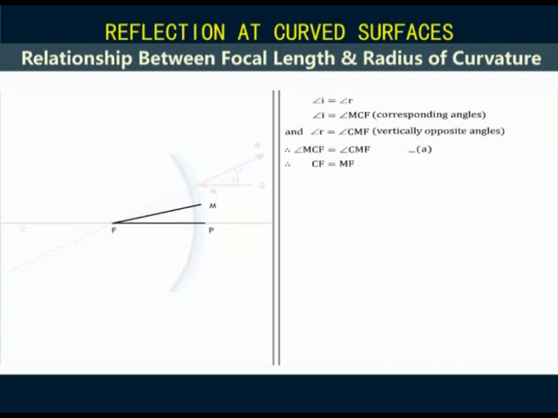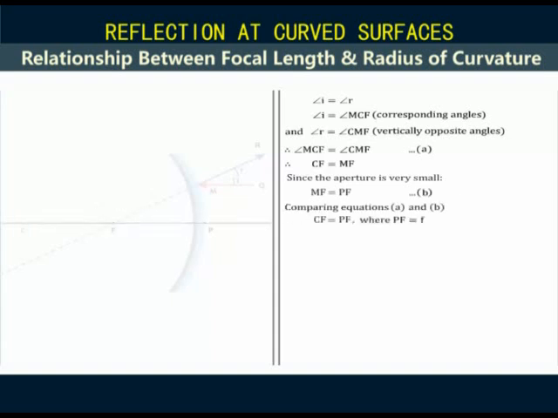If point M is very close to point P, that is the linear aperture of the mirror is very small, then MF is equal to PF. Thus, CF is equal to PF. Also, PC is equal to PF plus CF, or PC is equal to 2PF since CF is equal to PF.